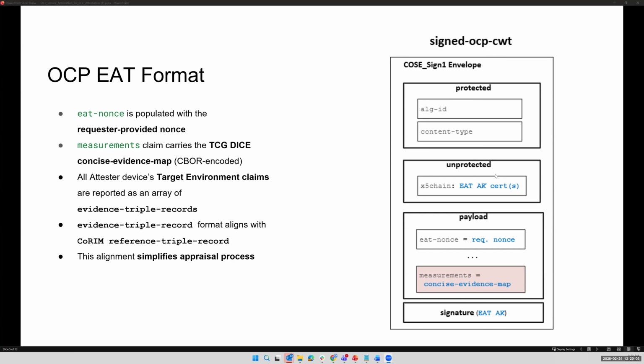The connection underneath could basically be described inside the concise evidence. It doesn't need to be explicitly expressed in the COSE envelope or in the EAT profile itself, but the concise evidence itself can describe the connection. You mean this which is shown with the color concise evidence map? Yes, the concise evidence can describe the connection. Okay, I misunderstood what Gary was saying. Okay, thanks very much.